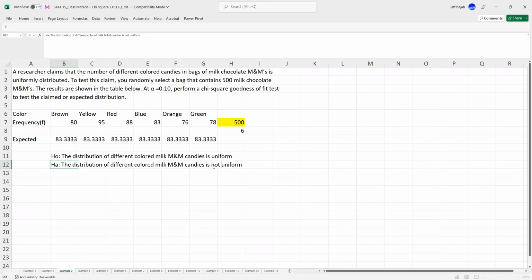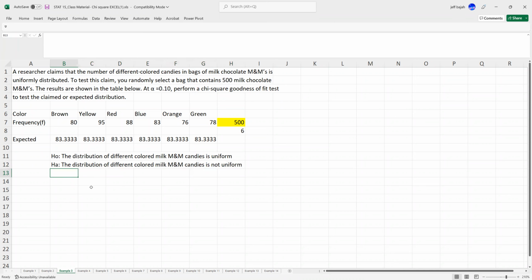Just sneaking a not there, right? So if we fail to reject H sub 0, then we agree with the researcher that the numbers were not the same, but they're not far off, right? At 10%. H sub A is saying all the numbers are far off, right? And they're not uniform, right? Okay, so that's the first step.